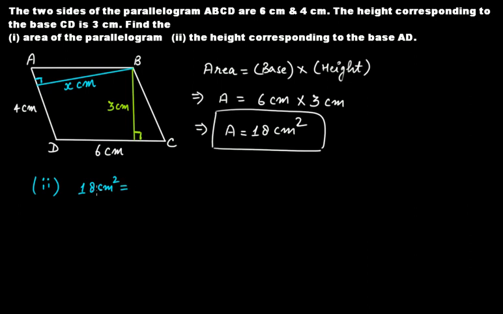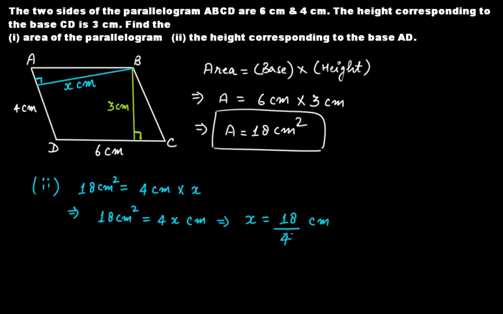So if 18 centimeters square is the area, and in this case if we consider this as a base, the base is 4 centimeter, and we don't know the length, that is the height, so this becomes x. So 18 centimeters square is equal to 4x centimeter, and if you solve this, you get x is equal to 18 over 4 centimeter.